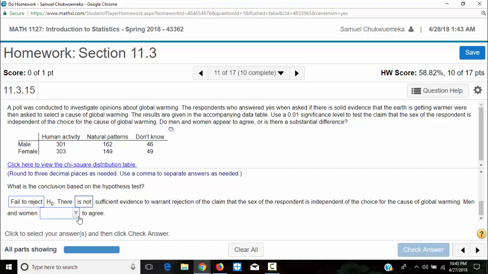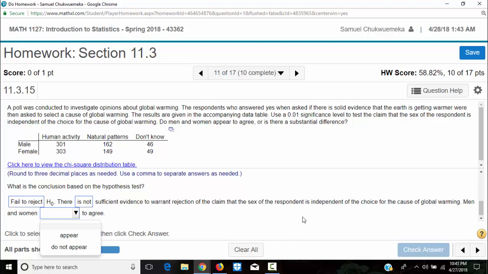So you would say here that the sex is independent. Because it's independent, the sex is independent of the choice, so men and women appear to agree.